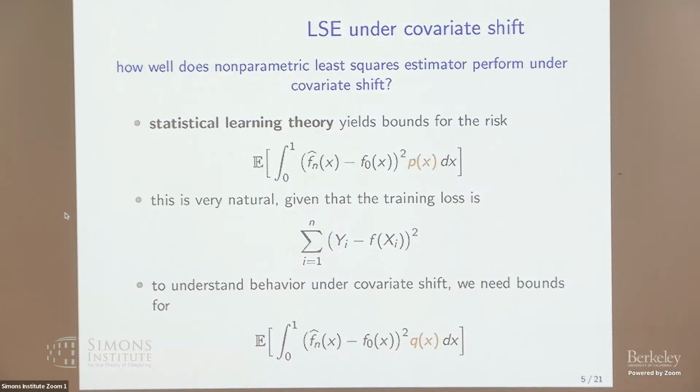So what's the issue now? If we want to understand how the non-parametric least squares estimator performs under covariate shift, the main obstacle is that current techniques from statistical learning theory typically give us convergence rates of the least squares estimator with respect to the density p.